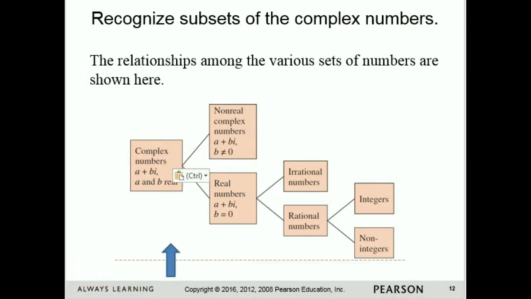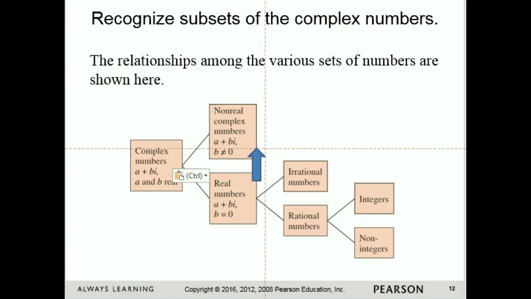So remember, we said that the complex number system includes real numbers as well as non-real complex numbers. And what we're talking about here is the standard form of a complex number.